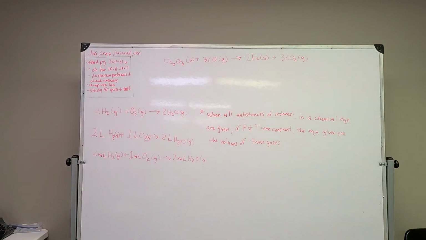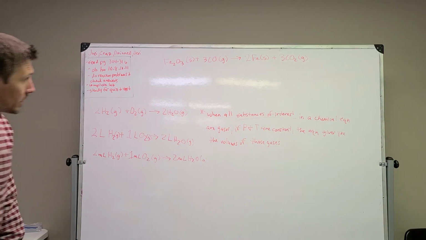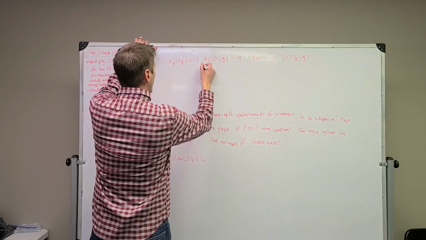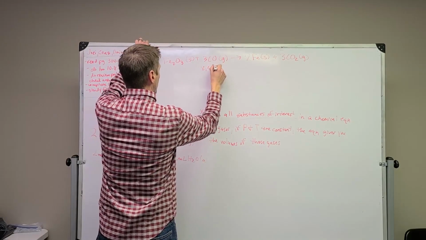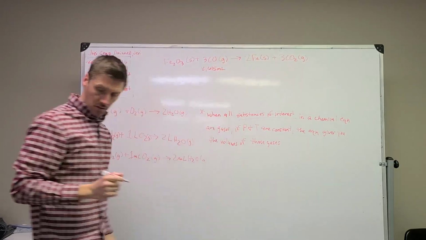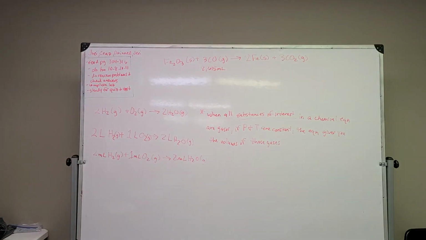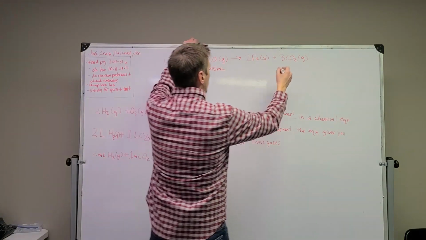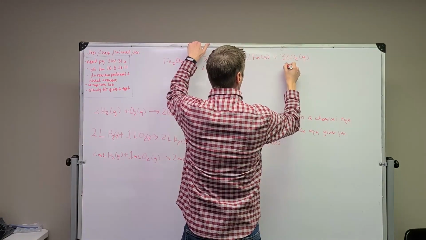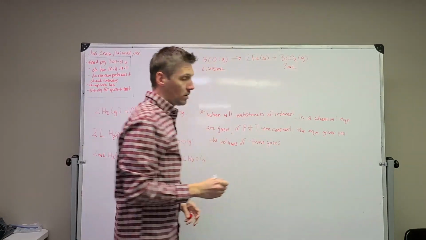So what they ask us here is, if the reaction consumes 8,615 milliliters of carbon monoxide, what volume of carbon dioxide is produced at the same temperature and pressure? So how many milliliters of this will we get?